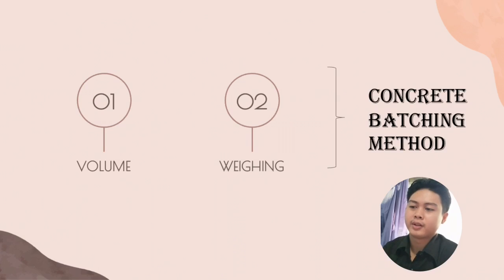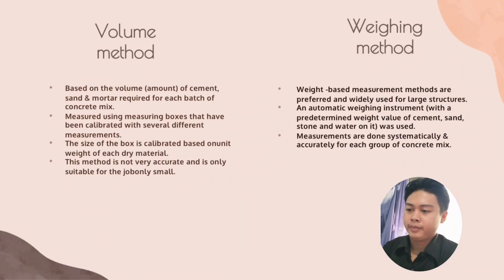I will be talking about the concrete batching method. There are two methods. The first one is volume and the second one is weighing. The first one is the volume method. Based on the volume, the amount of cement, sand and aggregate required for each batch of concrete mix is measured using measuring boxes that have been calibrated with several different measurements.